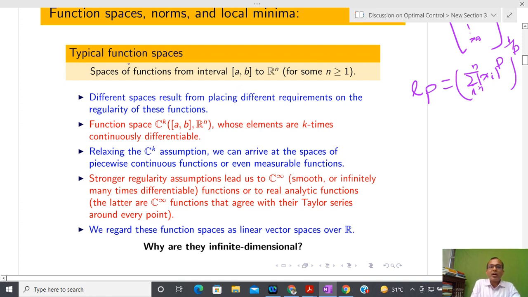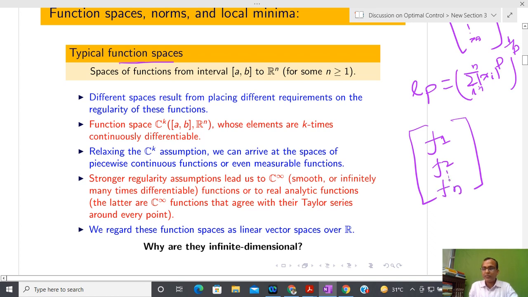Okay, so we are going to consider the vector space. A typical space is [a, b] to R^n. Here I assume that I have a space where each element is in the form of a function. Instead of a real number, each and every element is a function, and whenever there is a function, it is defined on some interval.